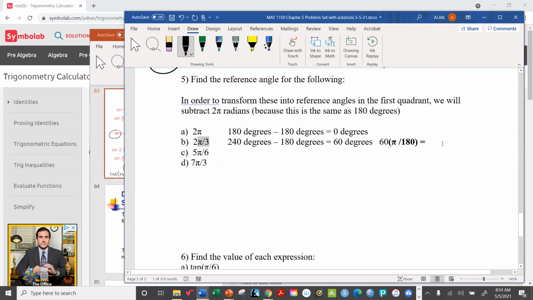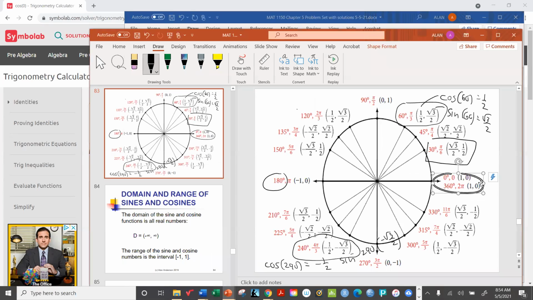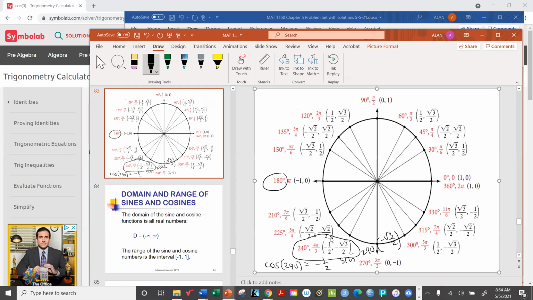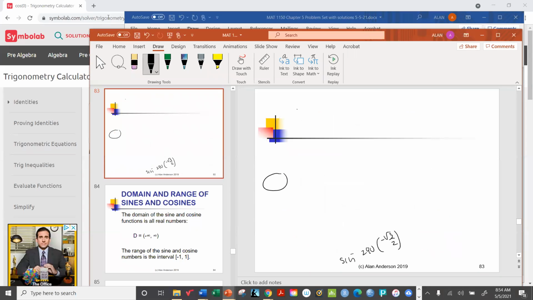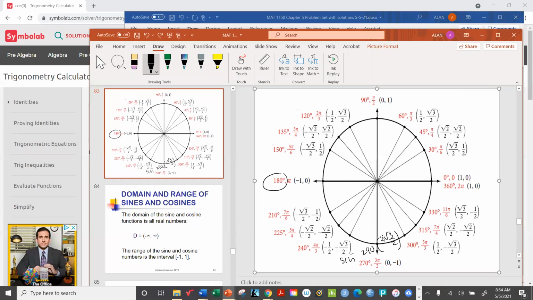Now we can check and see if that's right. Okay, so pi over 3, if you look at the unit circle, let's look at pi over 3. So we can get rid of these now. All right, let's try that.